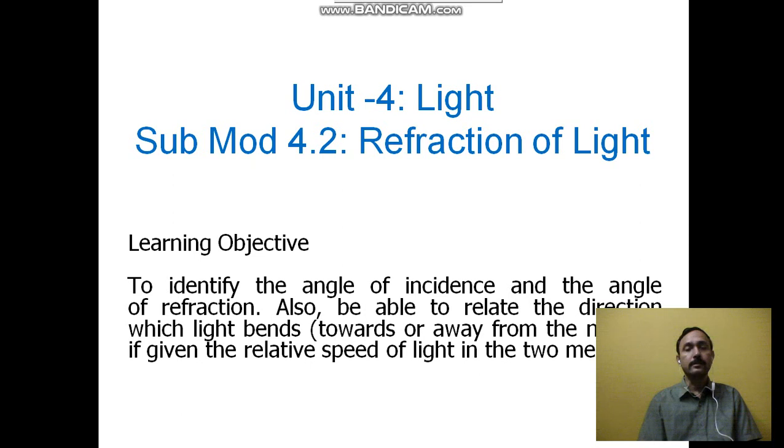The learning objective is to identify the angle of incidence and the angle of refraction, and also to be able to relate the direction in which light bends, towards or away from the normal, given the relative speed of light in the two media.